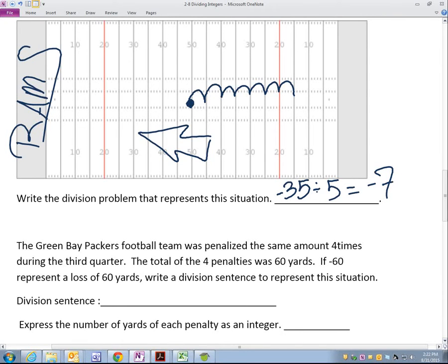Negative 5, yes. It's negative 5. And I'm going to put parentheses around here so I know that that's a negative 5 integer. So that makes that just 7. Because we went a total of 35 yards in the wrong direction, losing 5 yards a time. Losing negative 5 yards every time. Yep. Much easier than adding and subtracting.